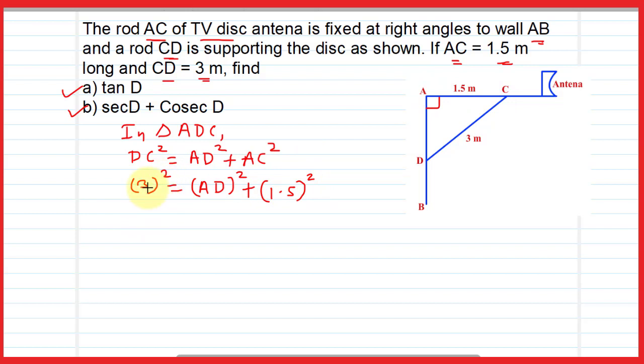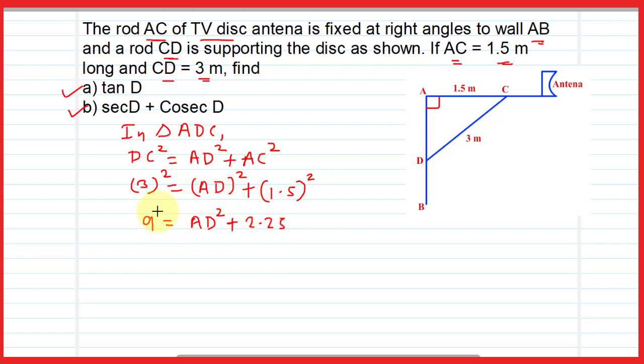So DC square, that is 3 square, is 9, which is equal to AD square plus 1.5 square, that will be 2.25.